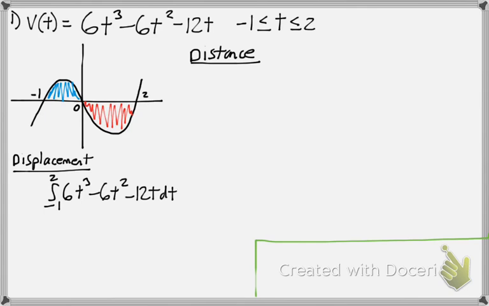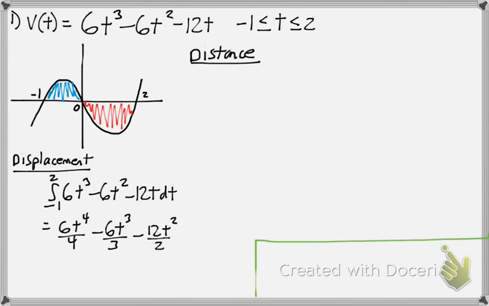So that's going to be equal to 6t to the fourth over 4 minus 6t cubed over 3 minus 12t squared over 2.